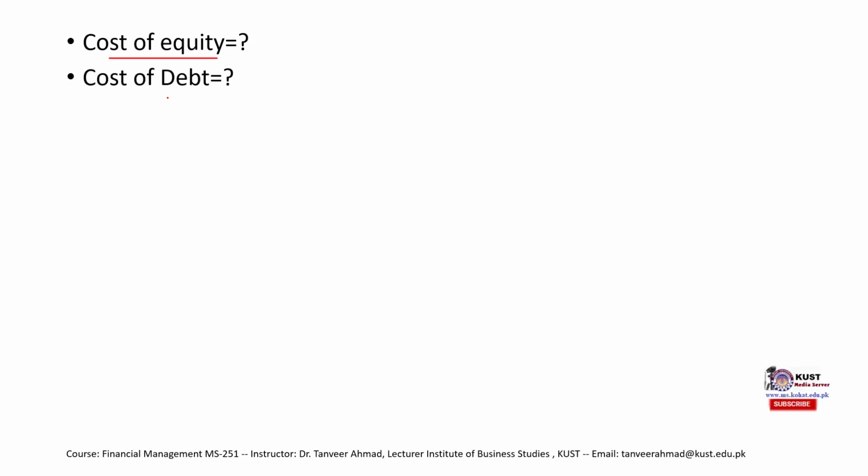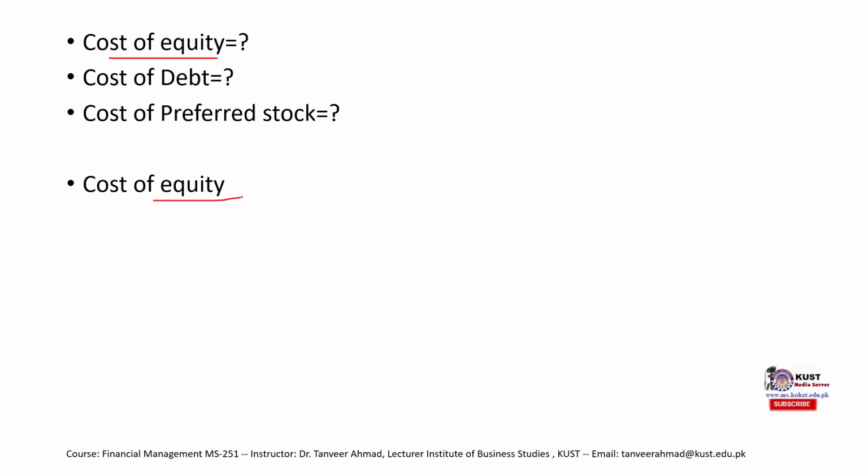Then we need to calculate cost of debt, cost of preferred stock. So starting with cost of equity, our formula of CAPM is cost of equity is equal to risk-free rate plus the beta into RM minus RF.